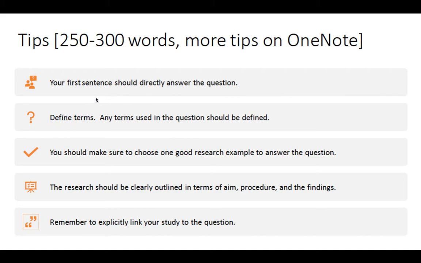Once you've done that, you need to define the terms. Any terms used in the question should be defined. So going back to emotions and memory, hint hint, emotions and cognition, the question will ask you how emotion influences cognition. The IB allows us to study any cognition of our choice, and usually it's memory and decision making that we choose.